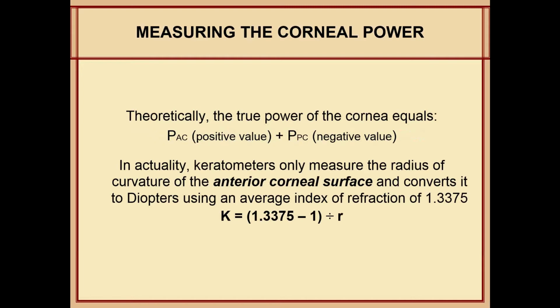If you want to think theoretically, the true power of the cornea is the addition of the power of the anterior surface of the cornea and the power at the posterior surface of the cornea. The anterior surface, as you know, is a positive value and the posterior surface is a negative value.